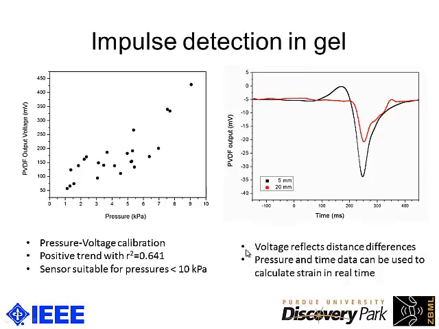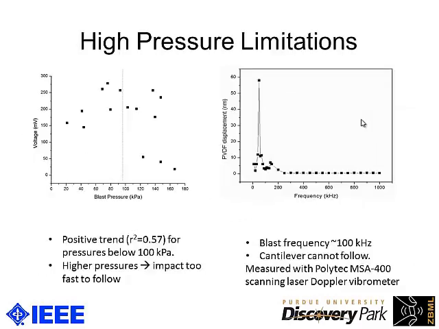You can see that if we put the PVDF on different regions of the spinal cord or different distances from the point of impact, we see a change in the amplitude. That's what we see in this figure here. So we can detect how the pressure changes at different locations. And later we'll be looking at, we did some preliminary tests with blast impact.